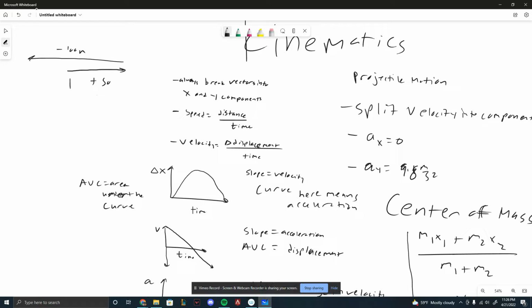So let's say this was 100, this was 50 meters. Our displacement would be negative 50 meters from our starting position, in that same amount of time. So that's the difference between velocity and speed, distance and displacement.